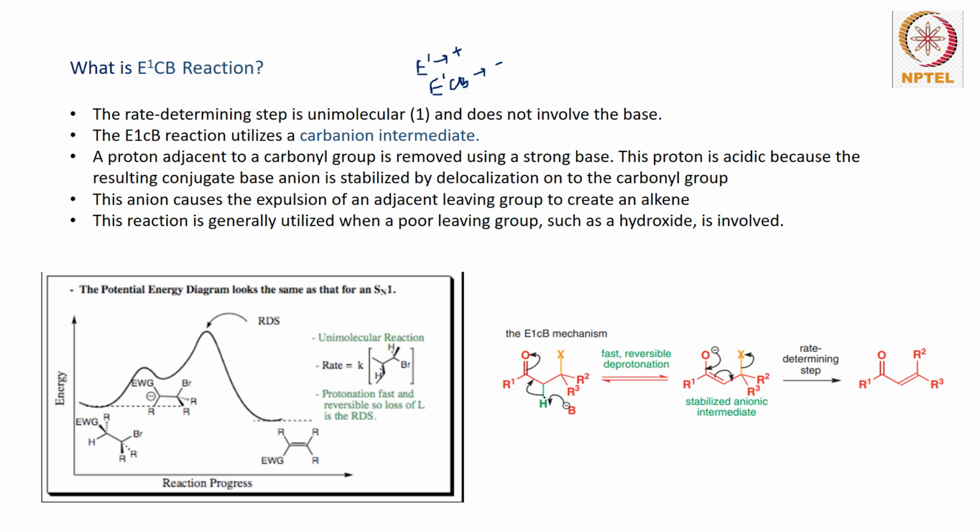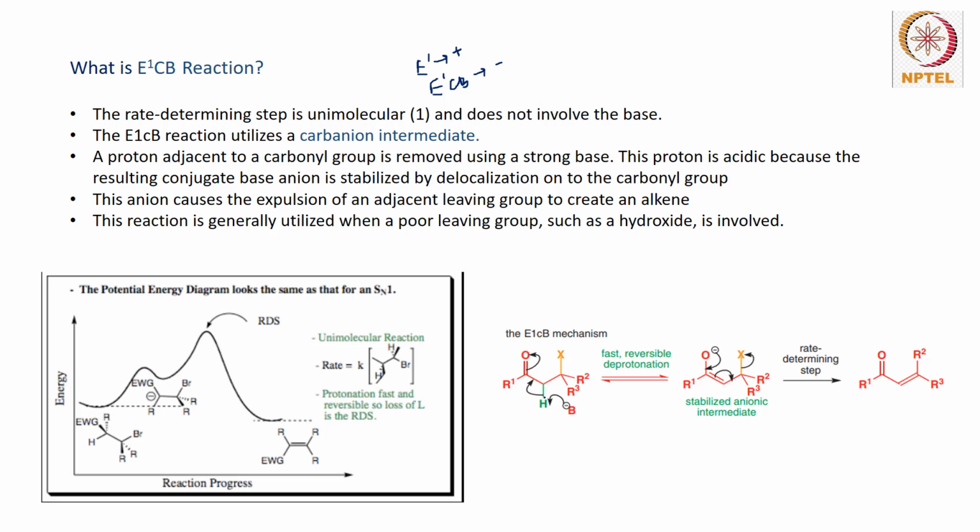But a carbon atom is not a heteroatom or an electronegative atom. So whenever it's a carbon atom, removal of H plus is not that favorable until, after removing the H plus, the carbanion has that much stability. So in this case, E1CB, there is a restriction.